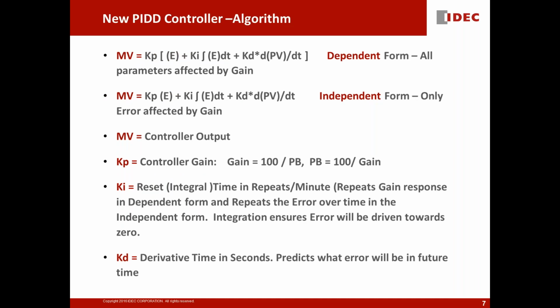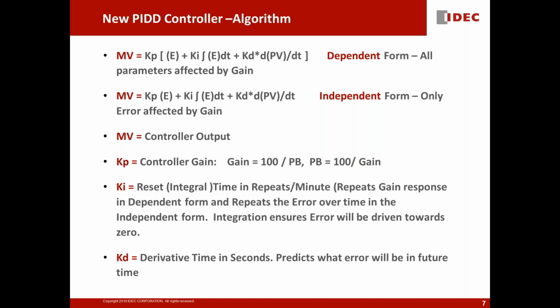This is another couple of really important formulas you can look at later, to try to understand what goes on inside this controller. You get the MV, that's your PID output or manipulated variable. Notice you have two important states, what we call the dependent and independent algorithm.